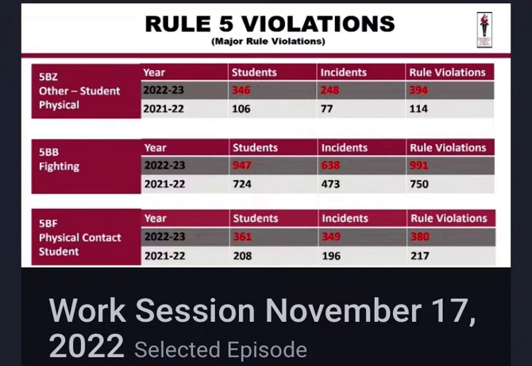If we have more students than incidents, then that means that more than one student was involved in an incident. And if we have more rule violations than incidents or students, that means that multiple rules were violated per incident or student. So again, these are just major rule violations, and you see that for Rule 5 here.